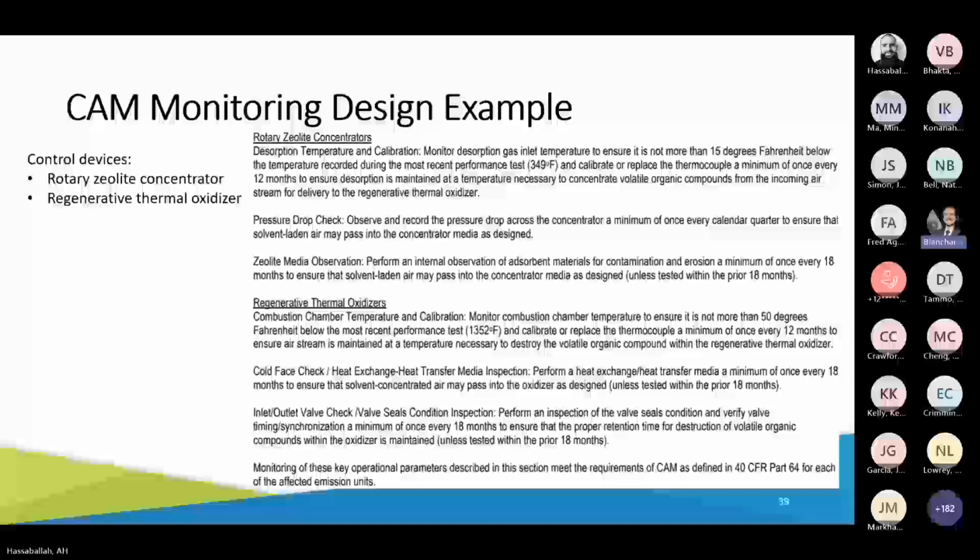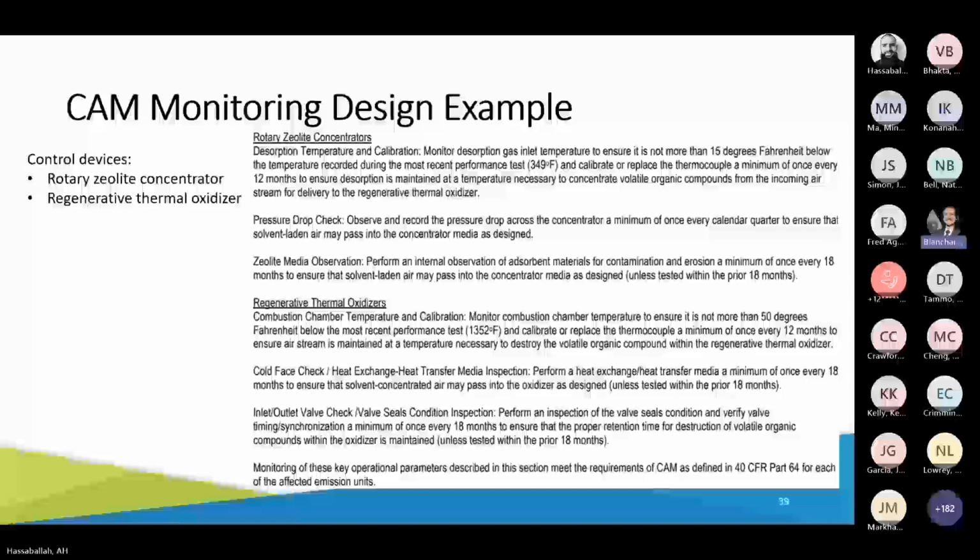Regarding the regenerative thermal oxidizer, the second control device here, it is also monitoring temperature, specifically the combustion chamber temperature, with a value of not more than 50 degrees Fahrenheit below the most recent performance test. Again, a reference to that most recent performance test, with the value listed at 1,352 degrees Fahrenheit.